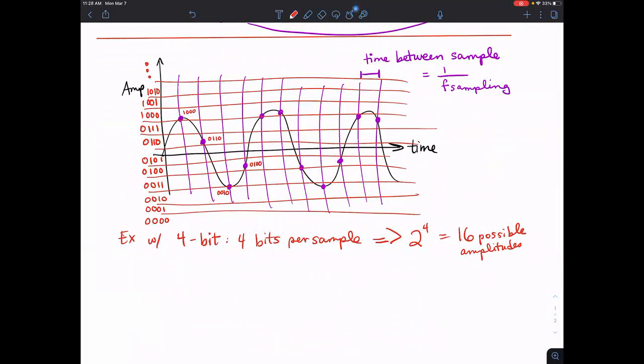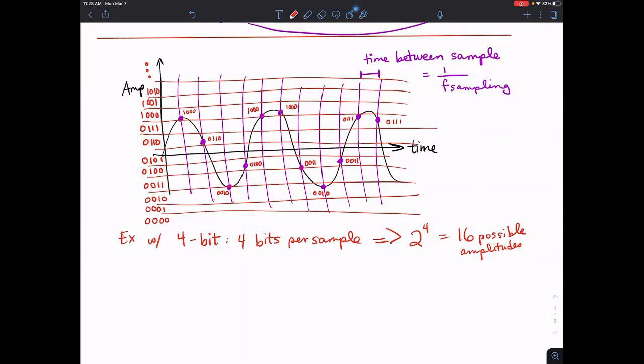And these might both be 1000. Those little red 4-digit numbers would be strung together, and that is what would be contained in the digitized sound file.